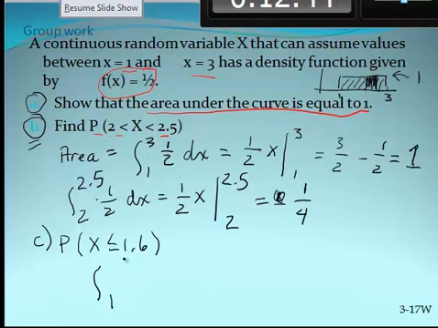And indeed, so we're going to integrate from 1 to 1.6 of 1/2 dx.